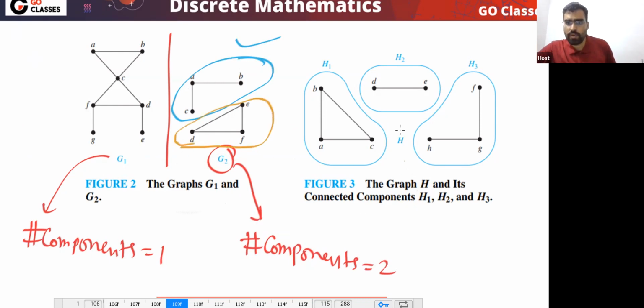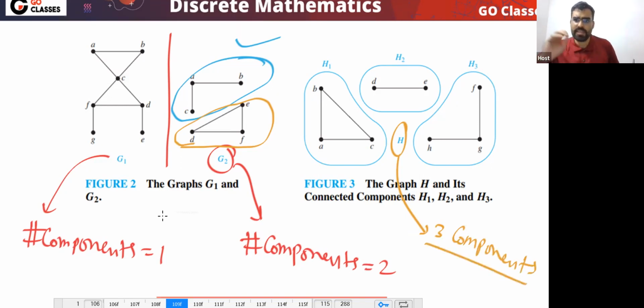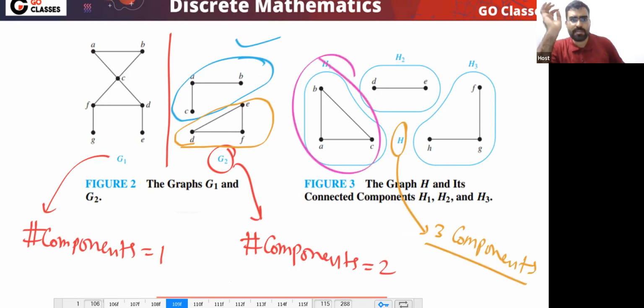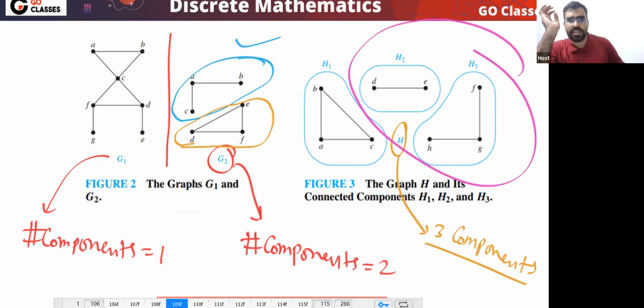What about this graph H? For this H, you have 3 components. There are a total of 3 components. So now is it clear to everyone? The definition, is it clear? See, this is maximally connected. This is not connected.